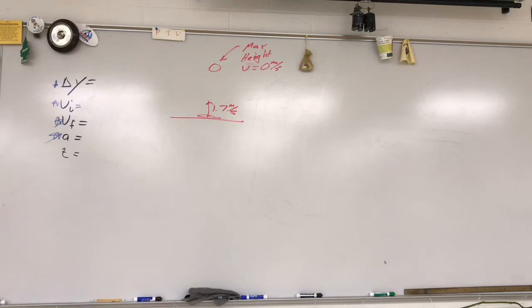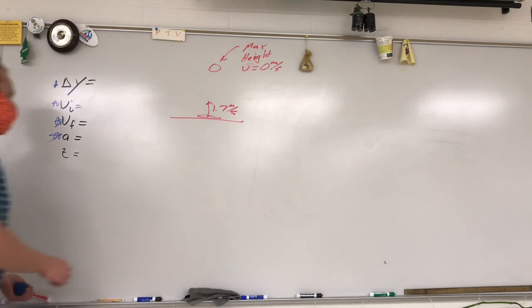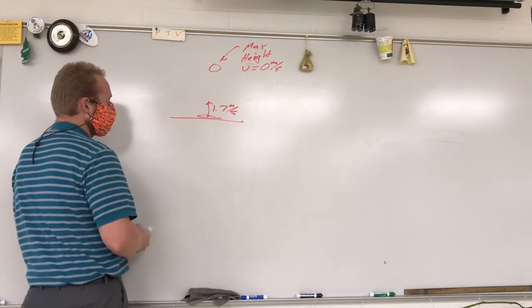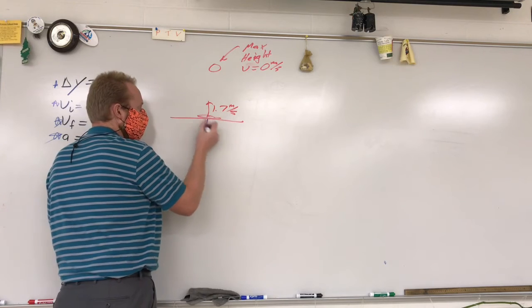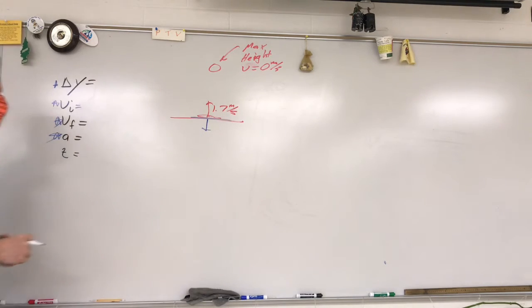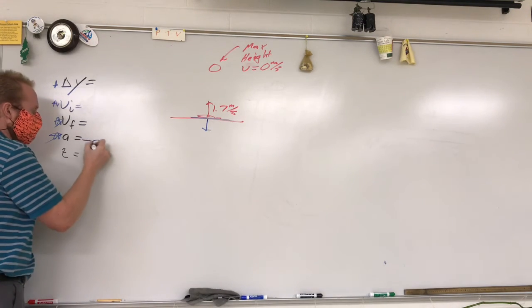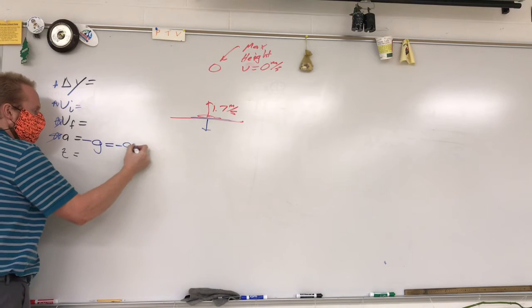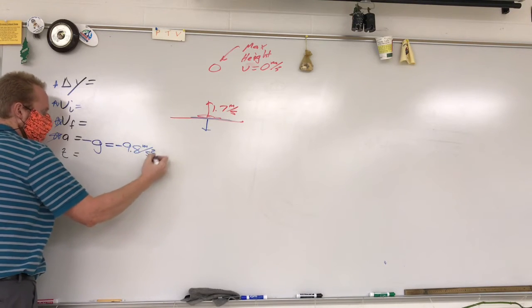Okay, so we know max height has velocity of 0, and then that puck is going to come straight back down and hit the table again. Okay, so it is a free fall problem. It is not a dropped or a falls problem. But because it is a free fall, we know that a is negative 9.8 meters per second squared.